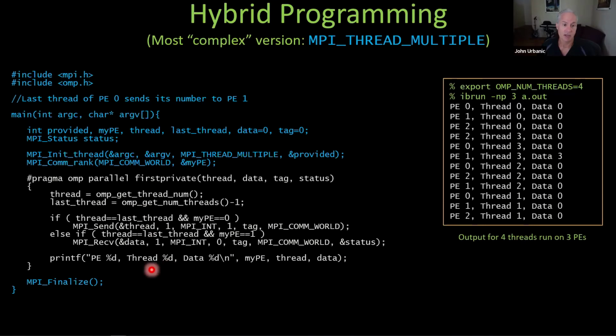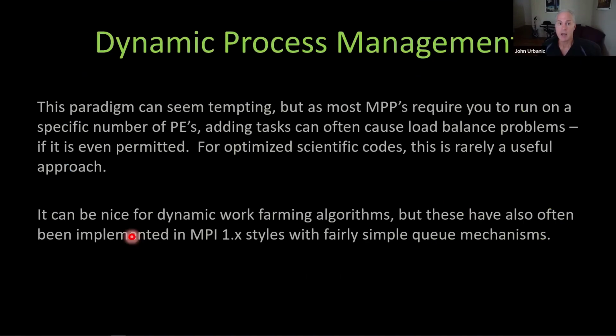Here's an example I did just to make the most complicated version, where every single OpenMP thread is doing its own independent MPI communication. If you want every OpenMP thread to send and receive messages, you could do that, and that's exactly what this example does. I won't dwell on it because I'm assuming a lot of you don't understand OpenMP, and that's perfectly fine. With your knowledge of MPI, you may never care that much about OpenMP. You may be able to just use MPI everywhere.